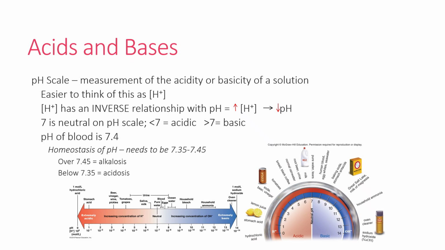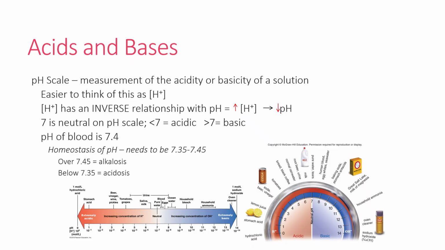Now, if we look at this in regards to the body, a great example would be the pH of our blood. So the pH of our blood is considered to be 7.4. Now, with all things that's an average, there's going to be a range here, and we usually range between 7.35 and 7.45, which is what we consider to be the normal pH of the body.